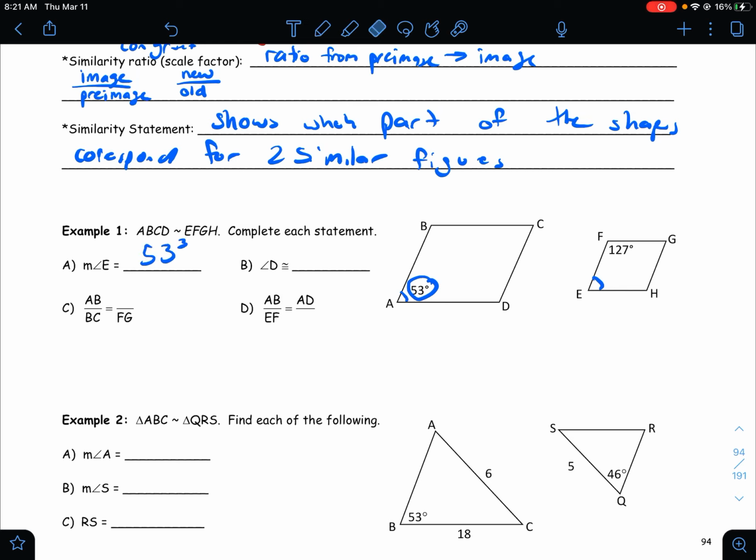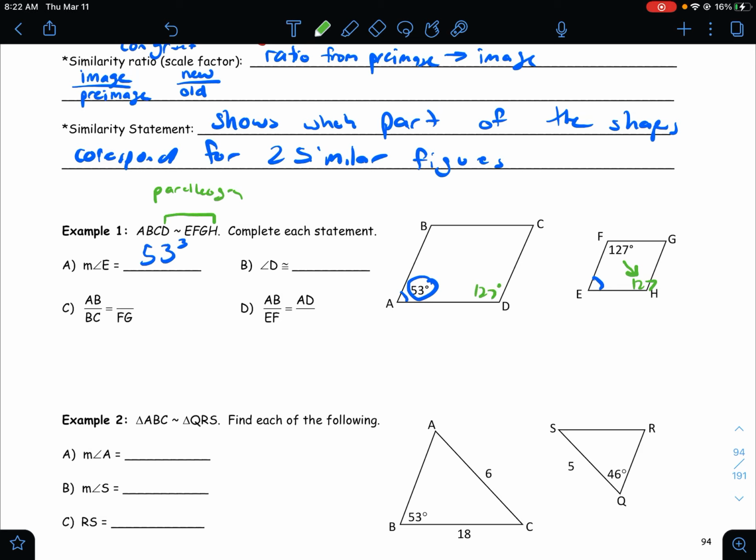Then they ask for angle D. D is in the last spot, so it's going to go with H. I'm assuming one thing they probably should have told us is that these are parallelograms, and in parallelograms, opposite angles are congruent. So if F is 127, H is going to be 127. And we know that H and D go together, so D has to be 127.